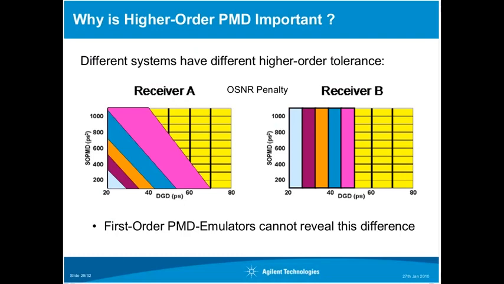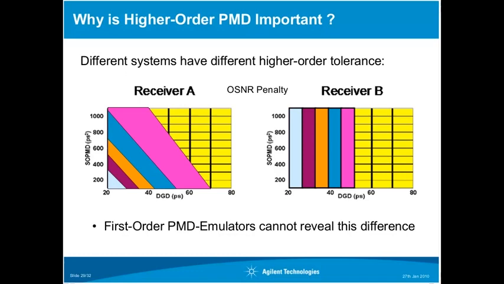Then you walk up in this diagram here. So maybe receiver A has this kind of behavior. You have diagonal lines, but there are also different receivers which just have no or almost no vulnerability against second order PMD. Then you will get sort of vertical lines here.